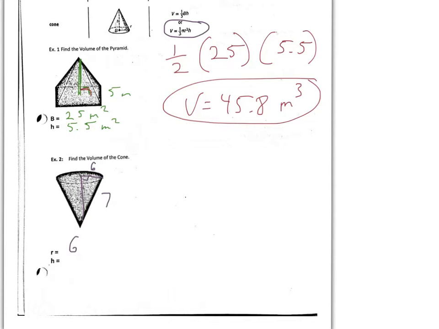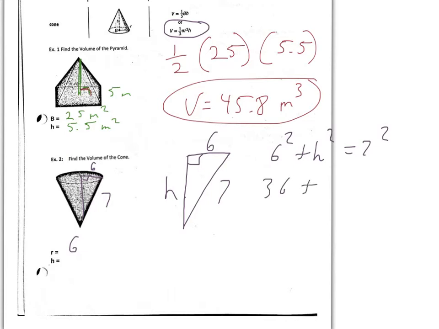Okay, and if the slant height is 7, then we can still find the height of the cone because we have a right triangle with these sides. And of course we'll use the Pythagorean theorem. 36 plus h squared equals 49. We end up with h squared equals 13. Square root of both sides. And h equals, rounded to the tenths place, 3.6.